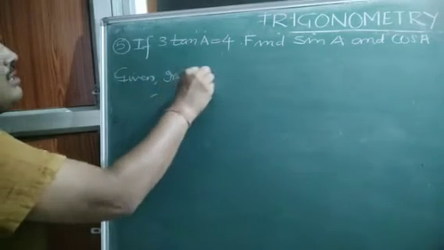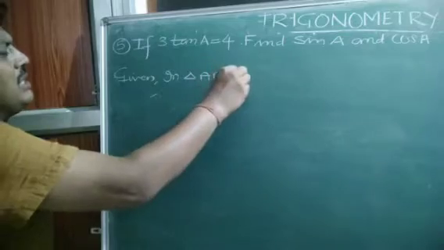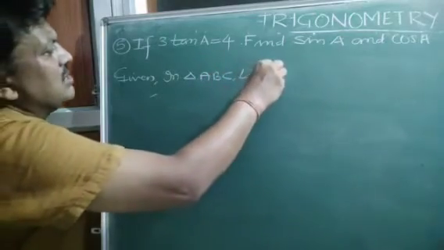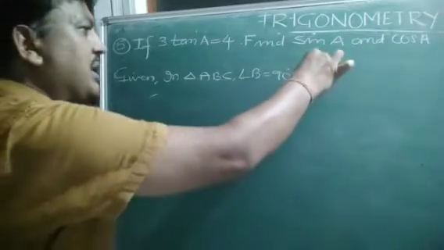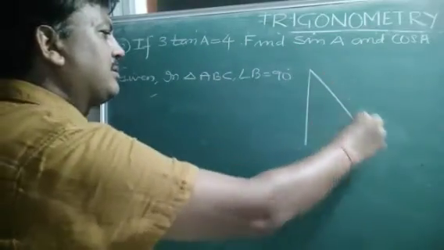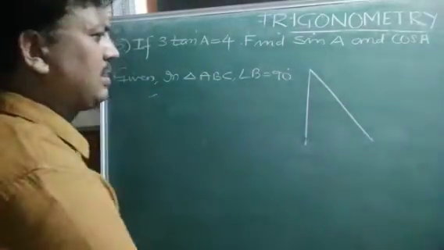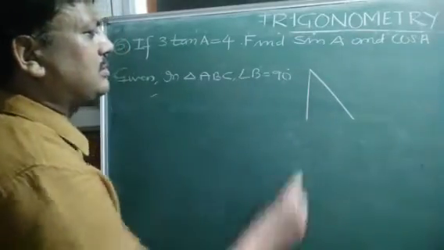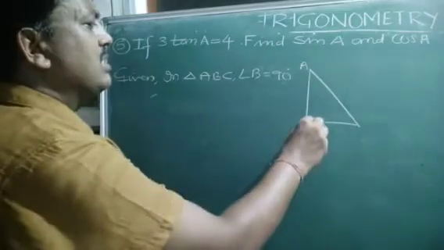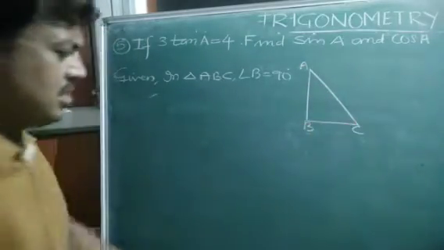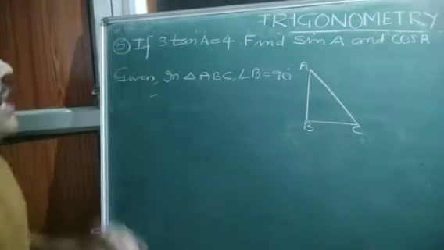In triangle ABC, angle B is equal to 90 degrees. Okay, children, as we are taking here A, once again here which angle is 90 is not given, I have taken, children.